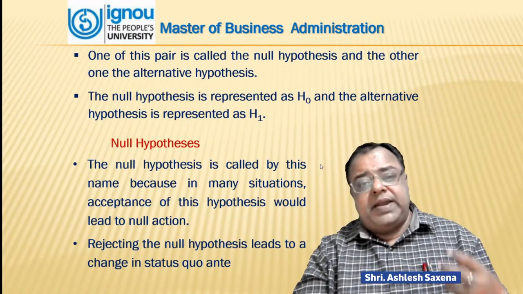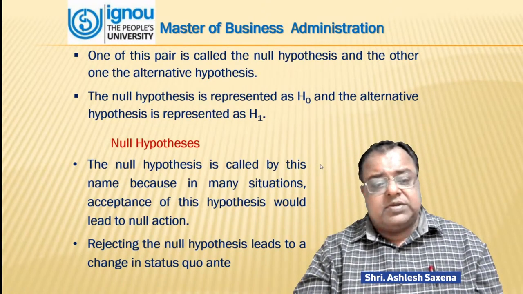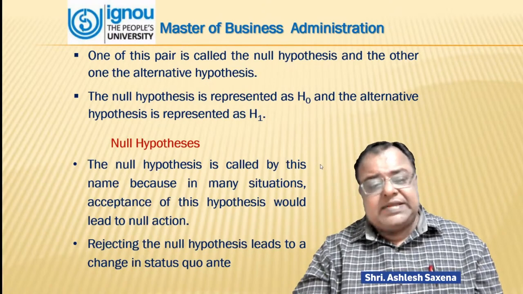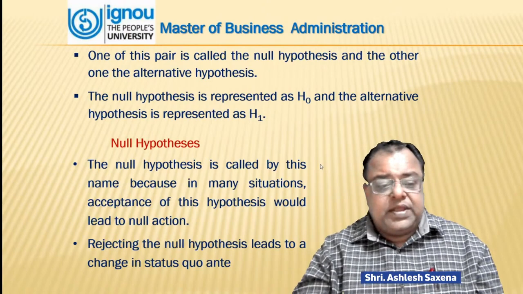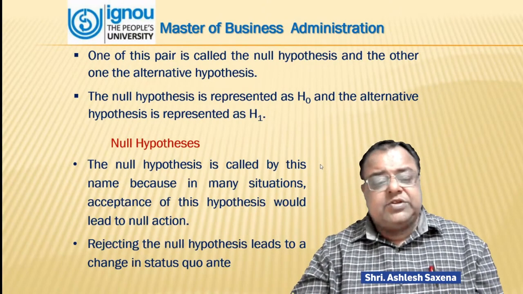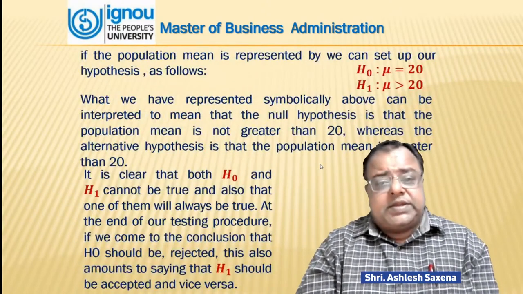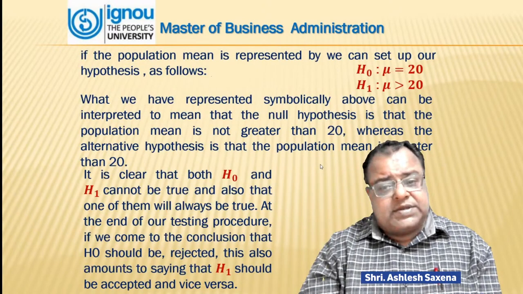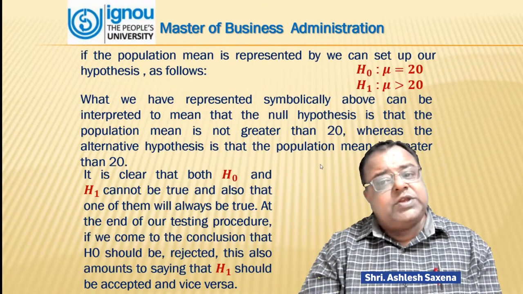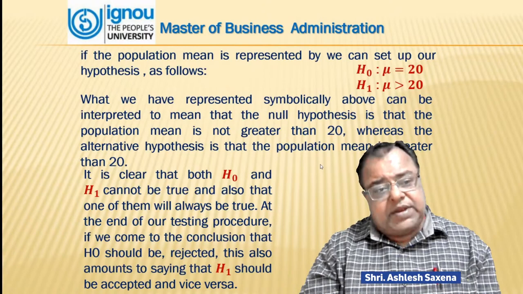Now, what is meant by null hypothesis? A null hypothesis is called by this name because in many situations, acceptance of this hypothesis would lead to null action. Rejecting the null hypothesis leads to a change in status quo. If the population mean is represented by mu, we can set up our hypothesis as H0: mu is equal to 20, and the alternative can be shown by H1: mu greater than 20.